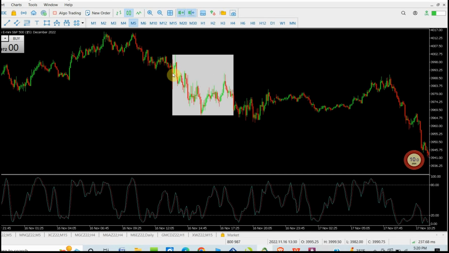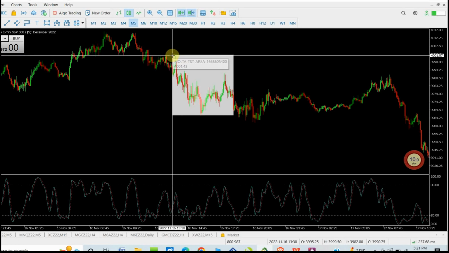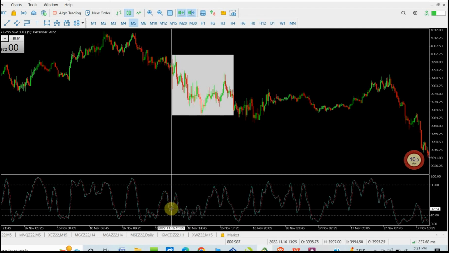The market opens lower, right here on this red candle on the edge of this box. Here's your opening candle. And if you look at where the stochastic is at that point, it's right here, okay?